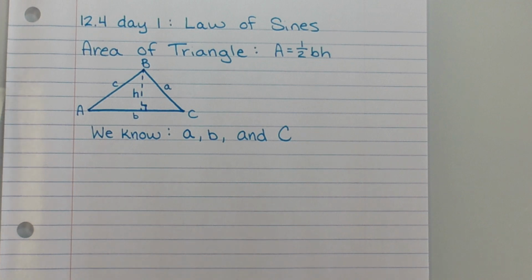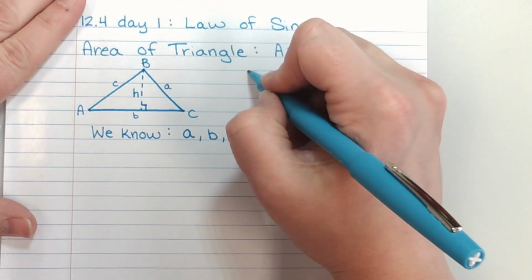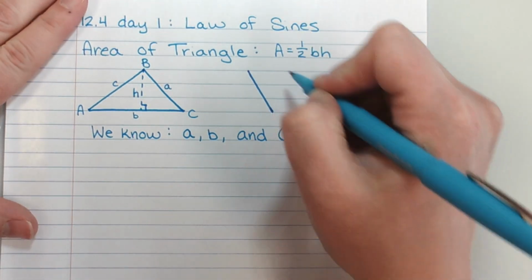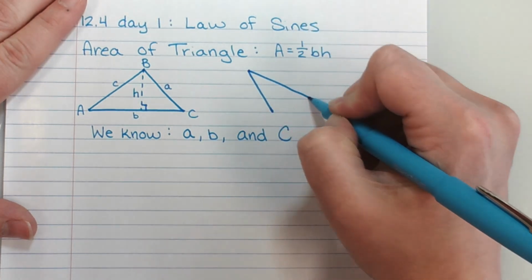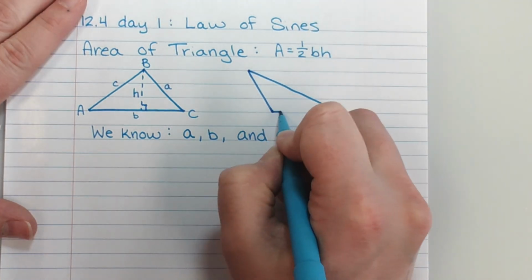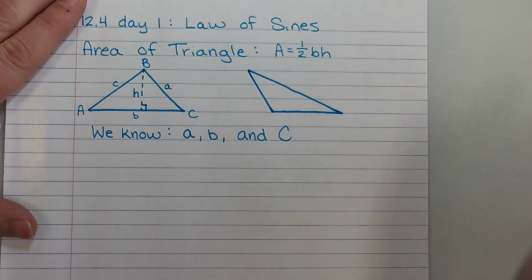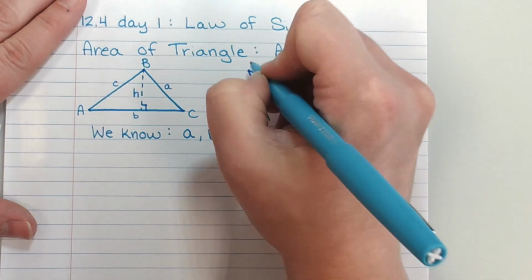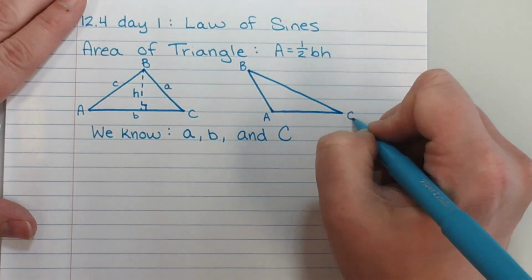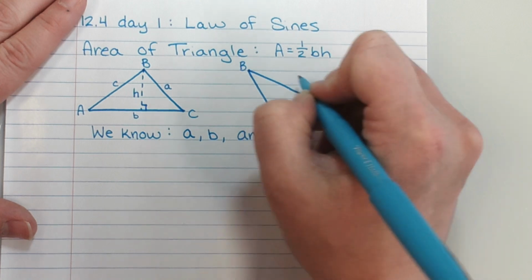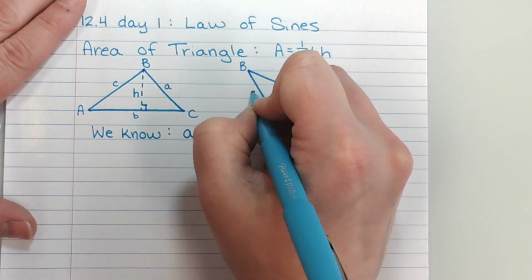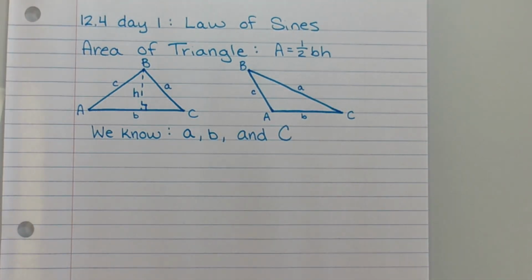Now, even if I draw a triangle that looks differently from this, also call it ABC, I'm gonna have the same issue.